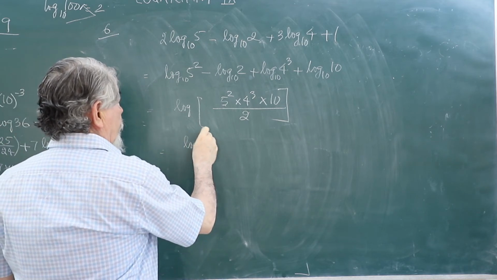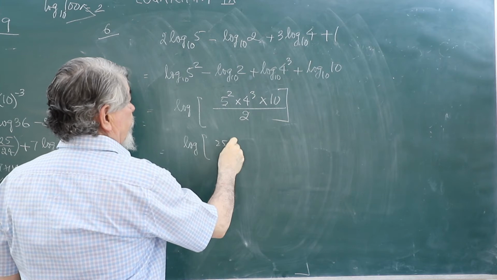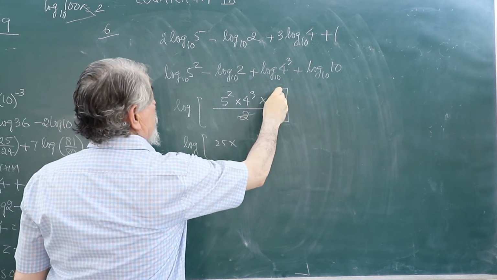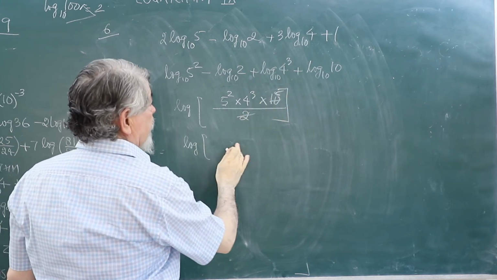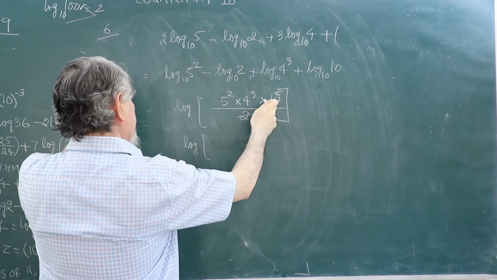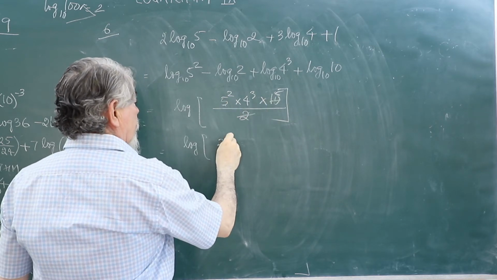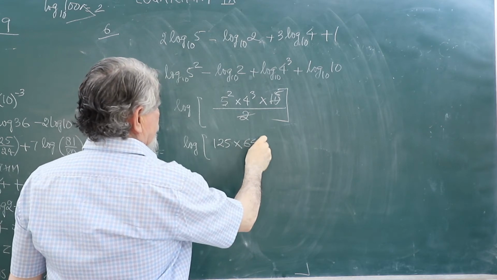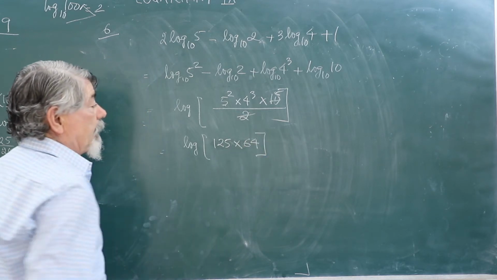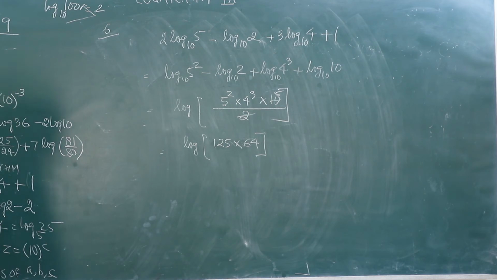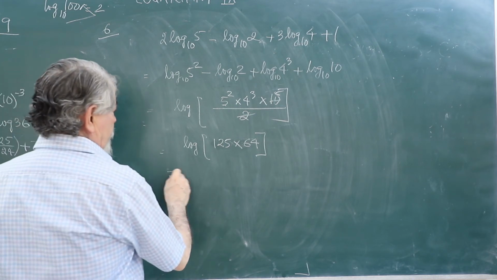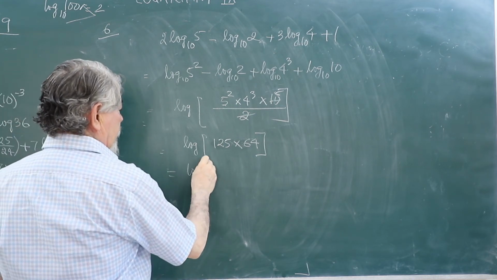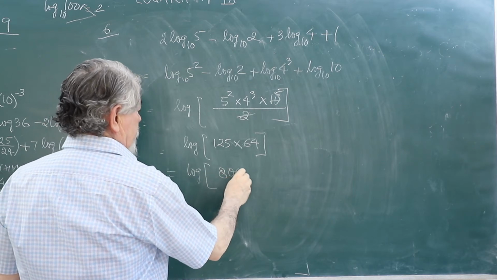Log 25, actually 125 you can write, because 5 twos are 10, so 5 to the power 3 is 125, into 4, 4 is 16, 4 is 64, and multiply 125 into 64, probably it will become log 8000.